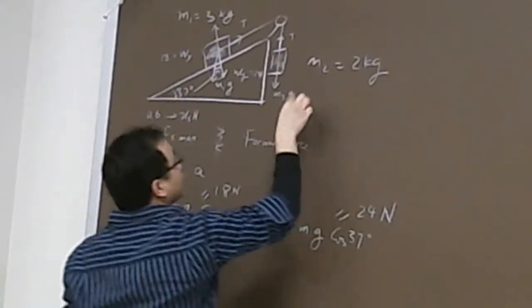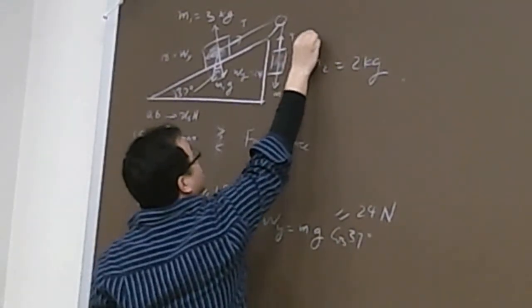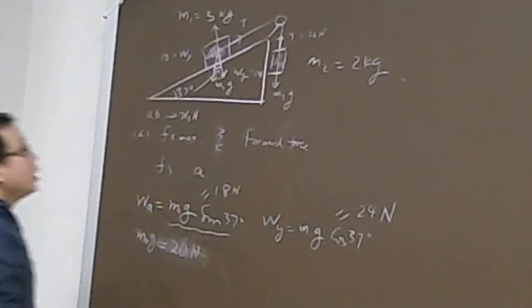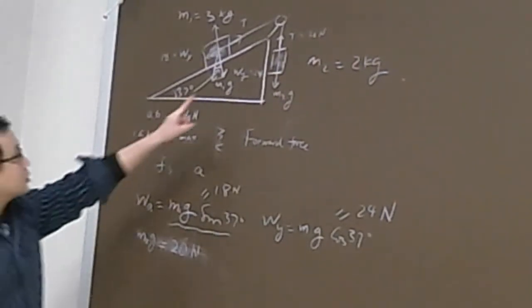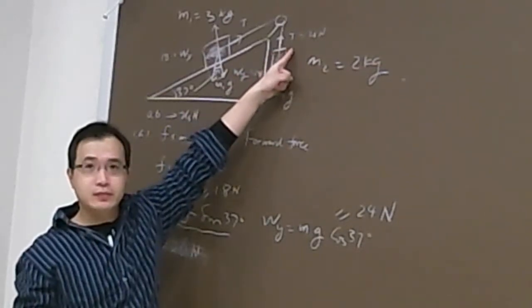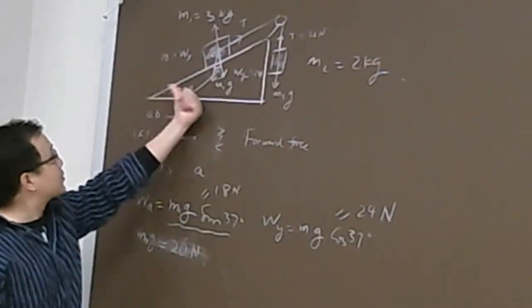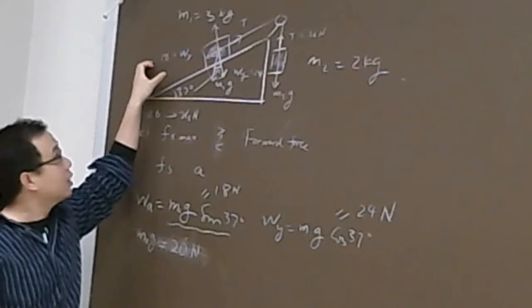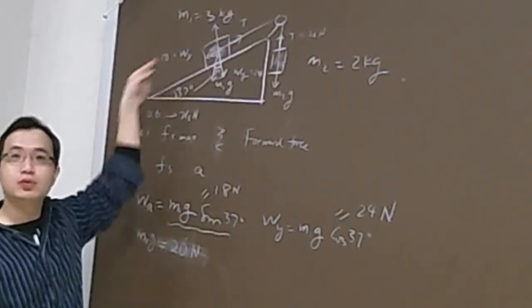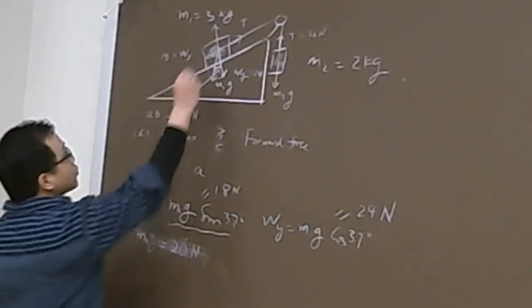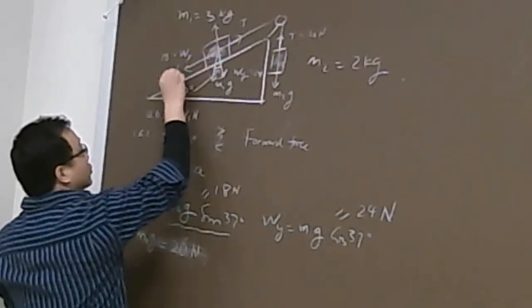And this tension, if it equals m2g, gives 20 Newton. So, in fact, this will determine the direction of the static friction. The tension T is 20 and this force is 18. That means the tension T is larger than Wx, so it will pull in that direction. So the frictional force has to be in this direction.